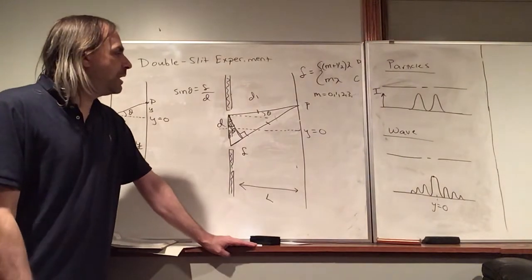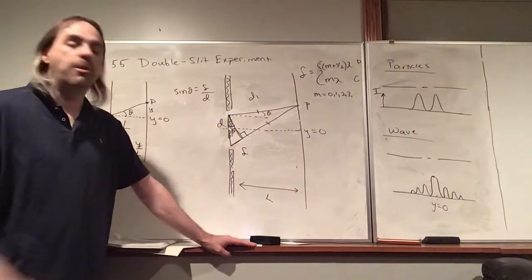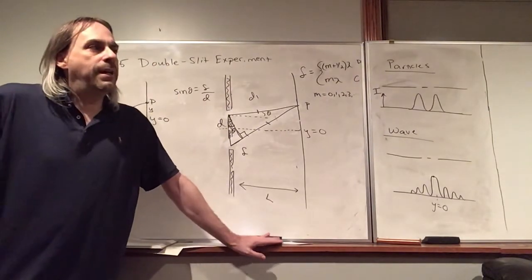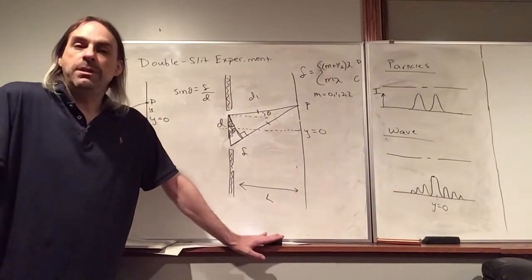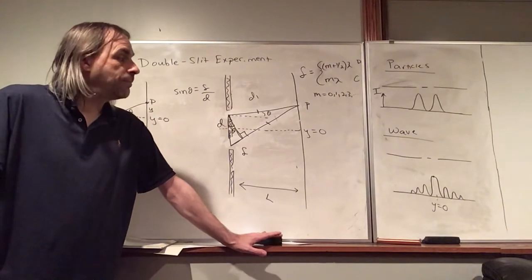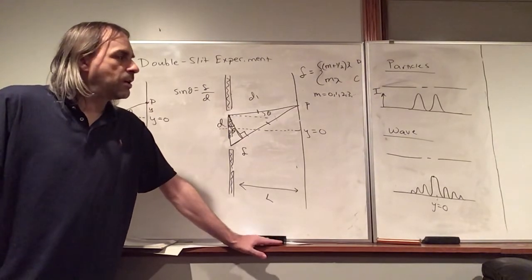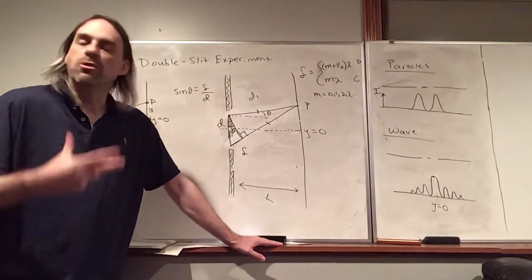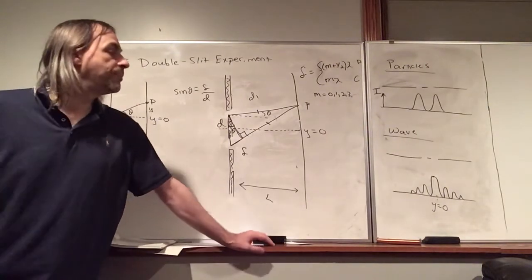But this was a really interesting experiment. Thomas Young did this in the 1800s, but they did more experiments in the 20th century, and the results are really difficult to wrap your mind around.